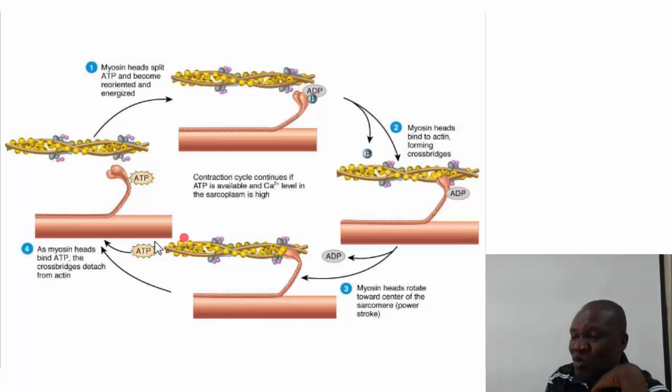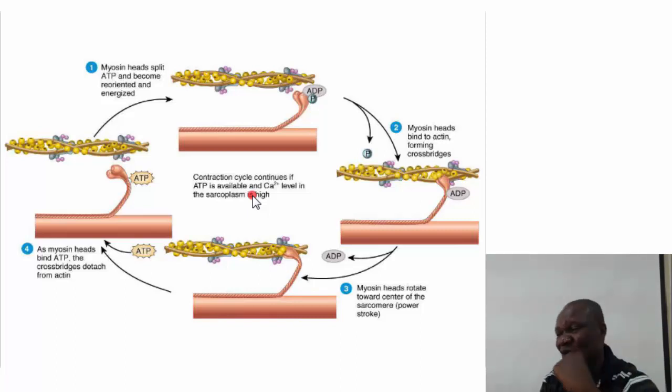Next, ATP binds to the myosin head again, and when it does, its affinity for the thin filament decreases, so the myosin head detaches from the actin filament. It hydrolyzes the ATP to get ADP and inorganic phosphate, and then binds to the thin filament again. So the cycle is repeated as long as ATP is present in the cell.